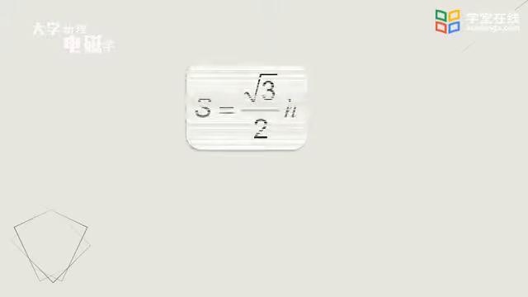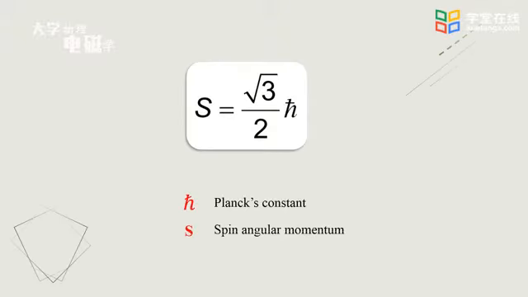The magnitude of the angular momentum S due to the spin of an electron is predicted by quantum theory, where h bar is Planck's constant, and the spin angular momentum S is on the same order of magnitude as that of the orbital angular momentum L.